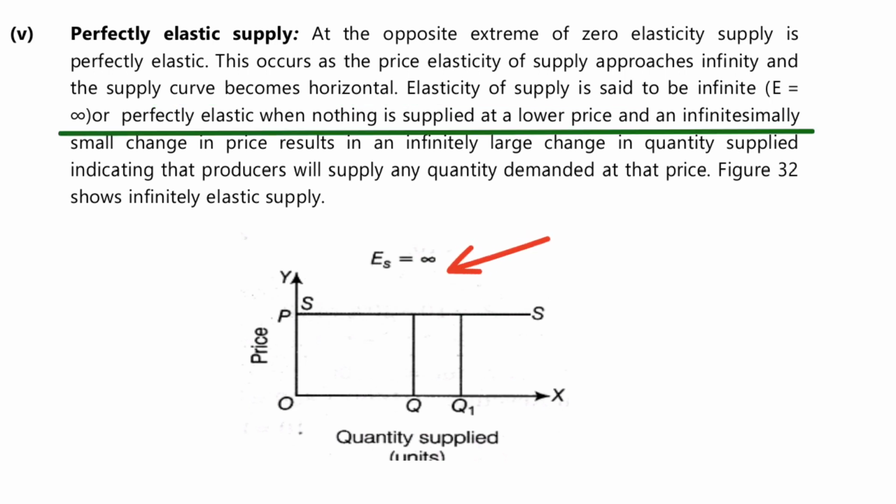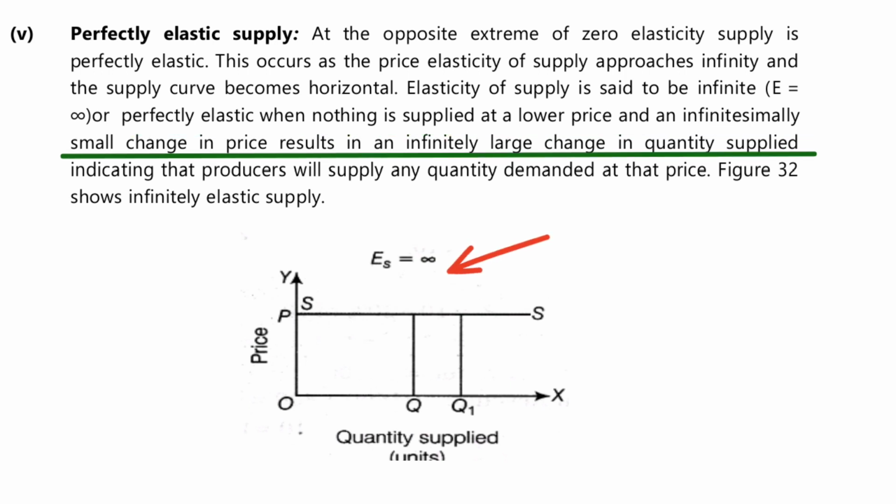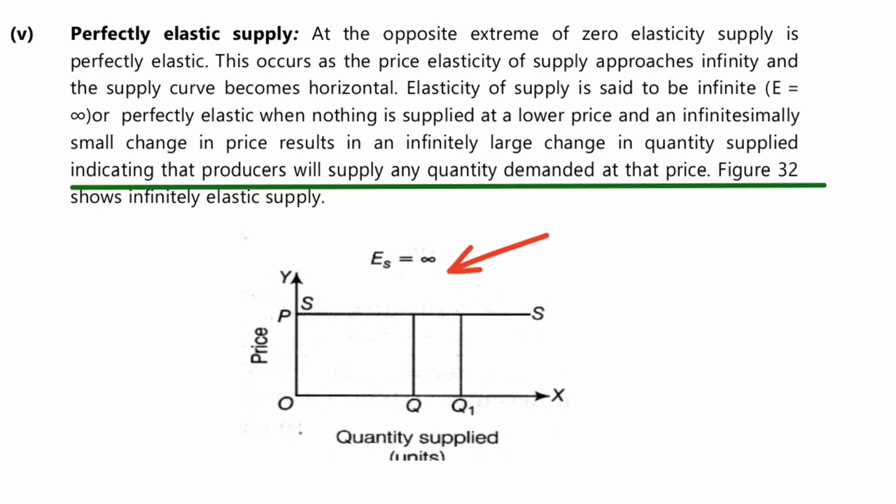So that is what is meant by perfectly elastic supply. Price elasticity of supply approaches infinity here. When nothing is supplied at a lower price, an infinitely small change in price results in a large change in the quantity. The producers are ready to supply any amount of commodity at the given price until it is demanded in the market. That is what is said to be perfectly elastic.